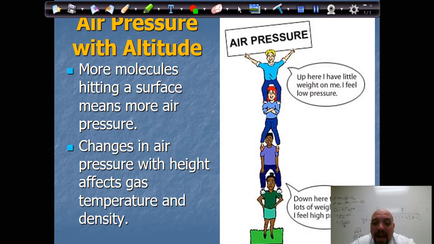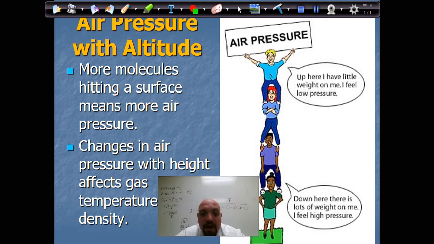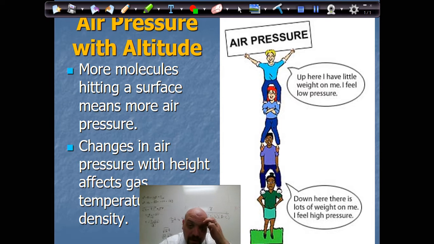Now as you go up into the atmosphere, pressure changes because of the amount of gas above that particular point in the atmosphere. As this graphic shows, the person down here says, "Down here there is lots of weight on me, so I feel high pressure," because she has the weight of all the atmosphere on top of her.